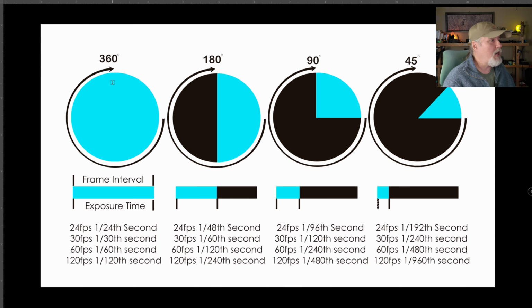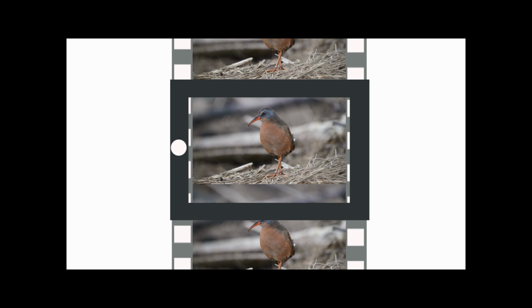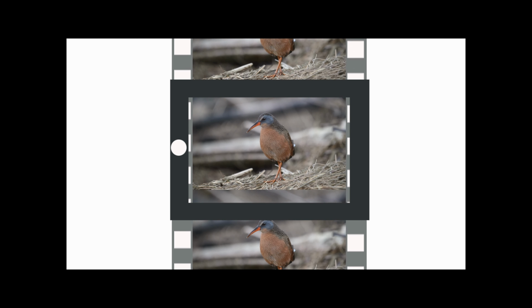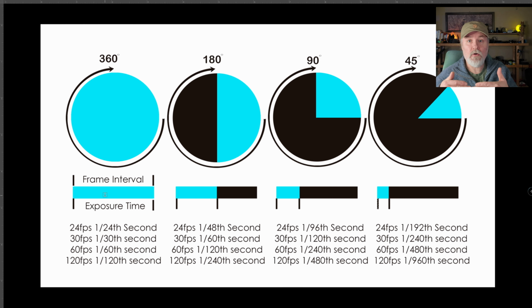Let's take a look at this diagram a little bit further. If you imagine as that frame is advancing, if it's 24 frames per second, 1/24th of a second is the amount of time that frame can be exposed, the amount of time it's in front of that opening. So the film can be exposed for a maximum of 1/24th of a second.